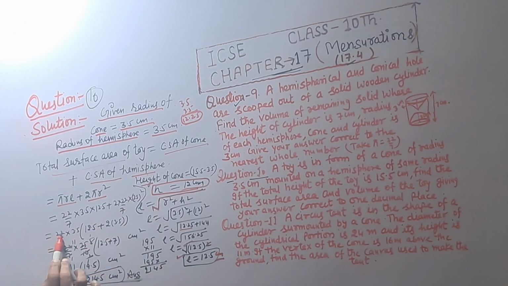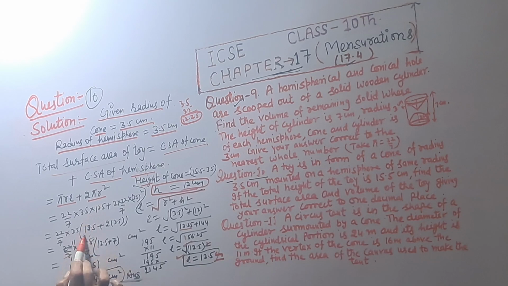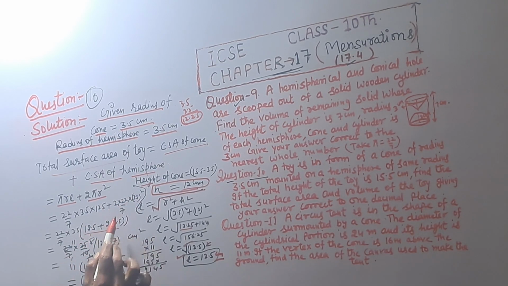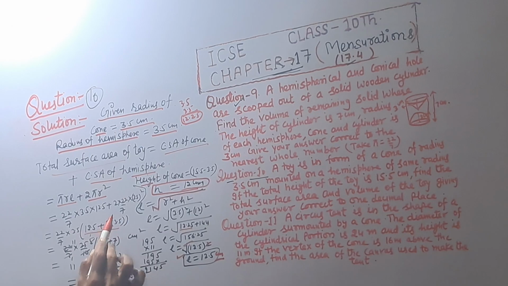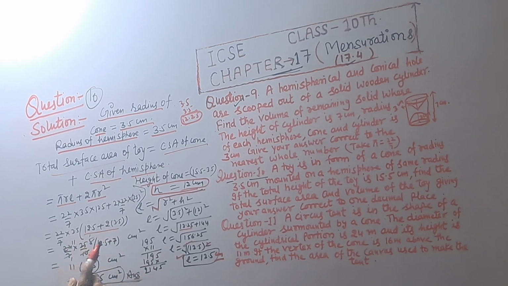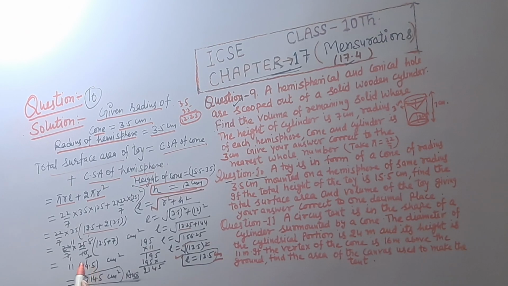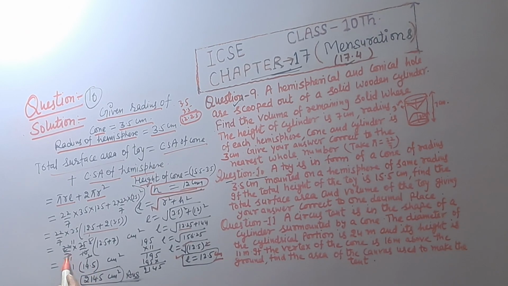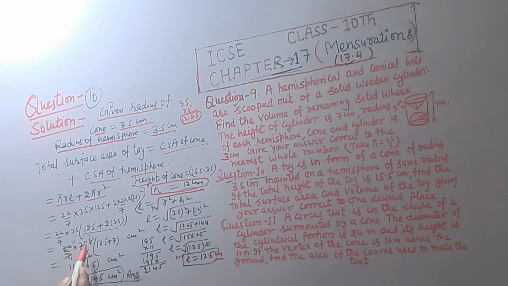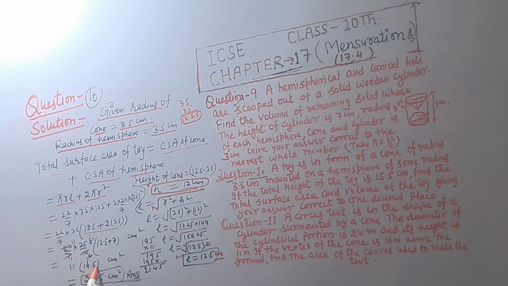Taking common 22/7 into 3.5, in bracket 12.5 plus 2 into 3.5. 2 times 3.5 is 7, and 7 plus 12.5 is 19.5.